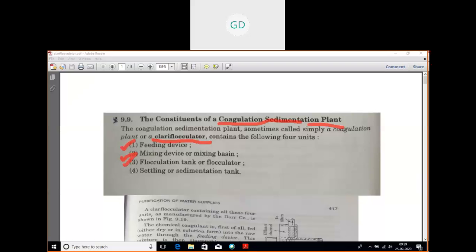Number one is your feeding device. Number two is your mixing device. Then your flocculation tank or flocculator, and the fourth one is your settling or sedimentation tank. So number one is your feeding device. Let me show you here.